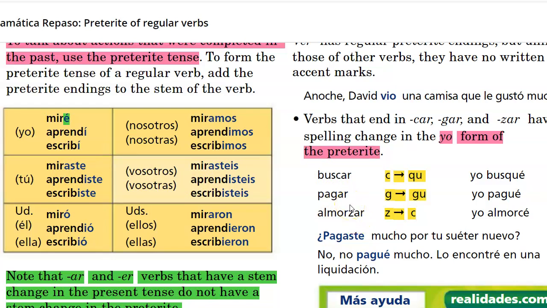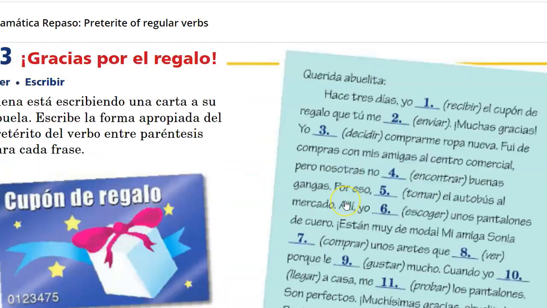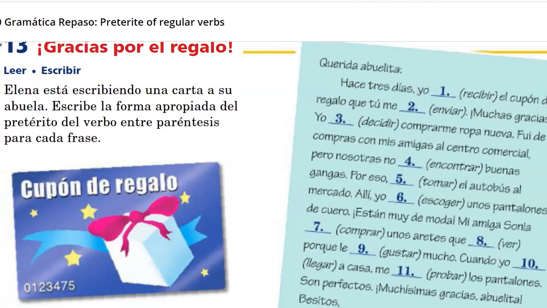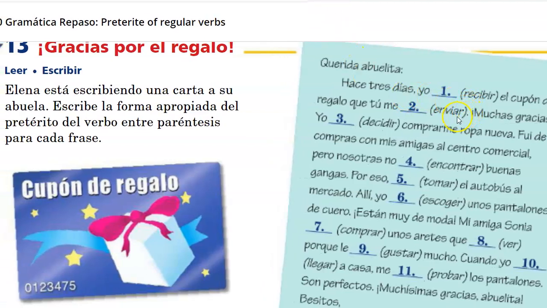So exercise 13 we began last class, and I believe finished. If not, we'll finish it together today. It asks you to conjugate the verbs in the infinitive in parentheses according to the subject that comes at the very beginning.